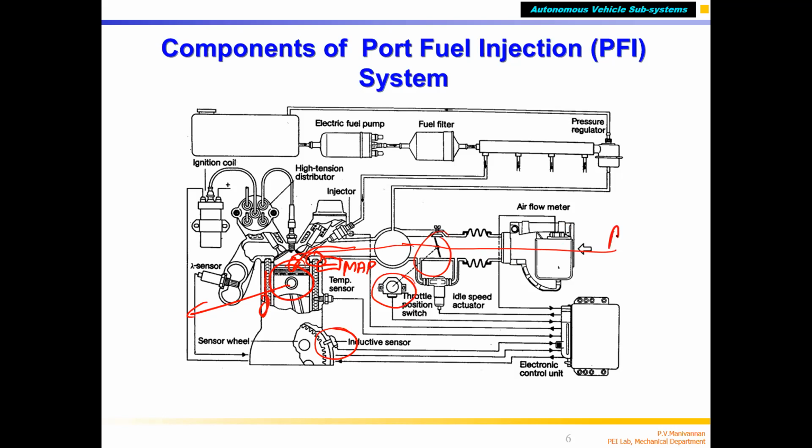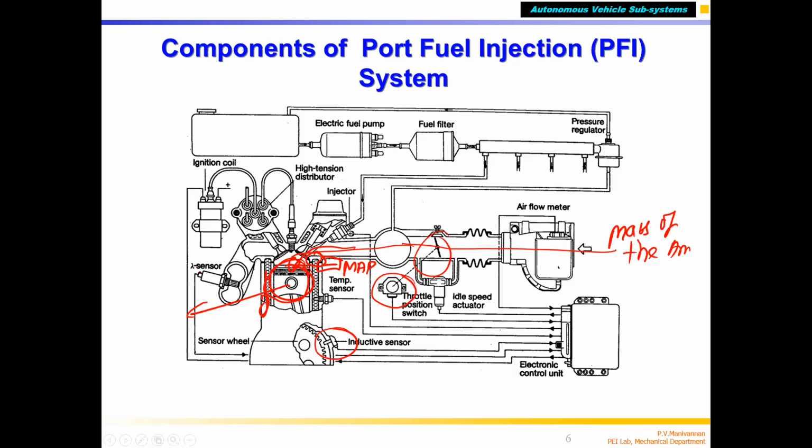The mass of air going inside the combustion chamber depends upon how much vacuum is created, which depends upon the rate at which the piston moves and also upon the load. If load is more, more vacuum is created, then more air goes in.